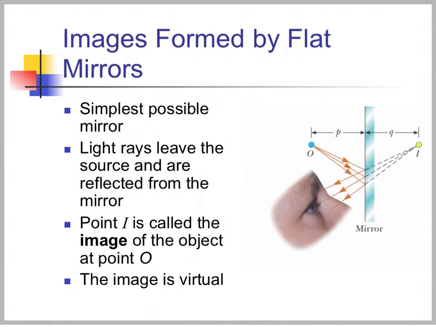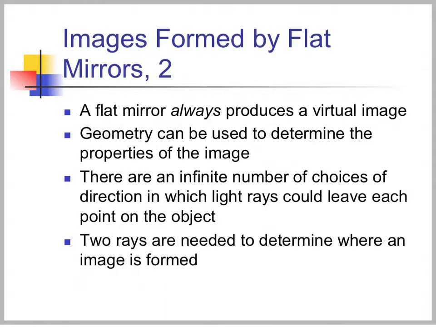This is a virtual image. The light rays don't actually come from there, they're coming from the object, but they appear to have come from there, and so we see that image behind the mirror. A flat mirror always produces a virtual image.